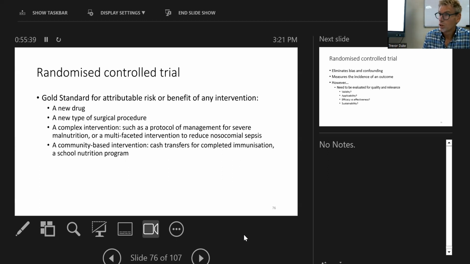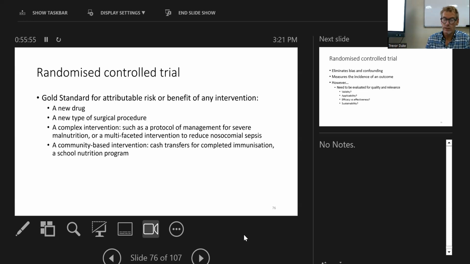They're probably best at measuring relatively simple things. It's hard to do a randomized trial when you've got a very complex intervention. Sometimes it can be done, but it's hard.